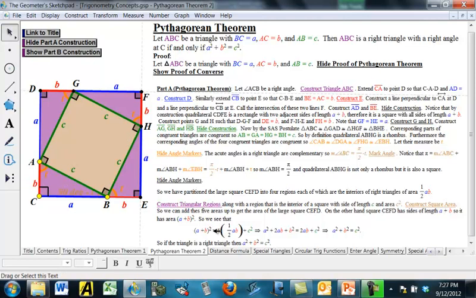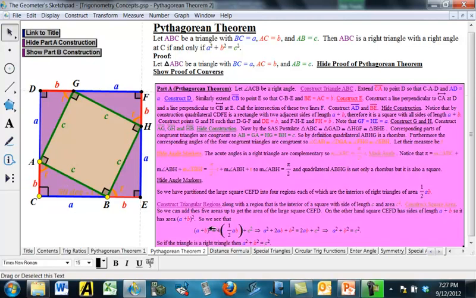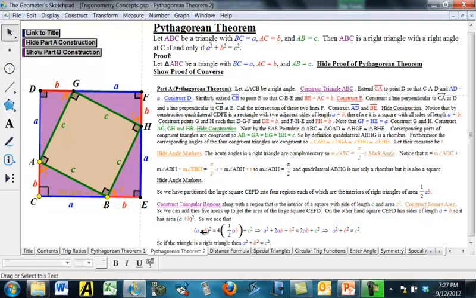So if you look down here at the bottom, you'll see a computation. So we know that (A plus B) squared is the same as 4 times 1/2 A times B plus C squared. All right, let's do a little basic algebra here. 4 times 1/2 is 2, so this is 2AB plus C squared on the right.